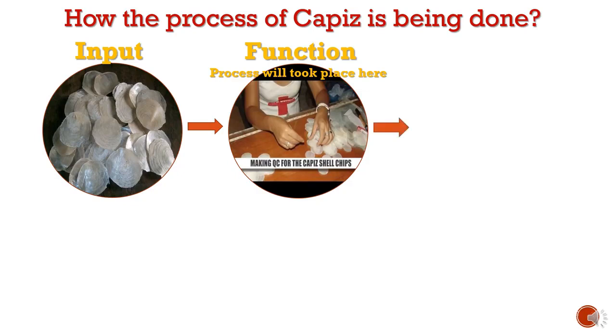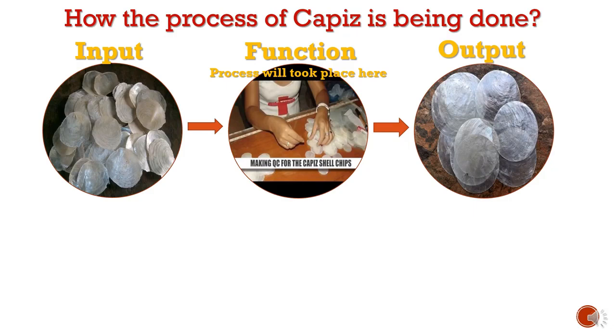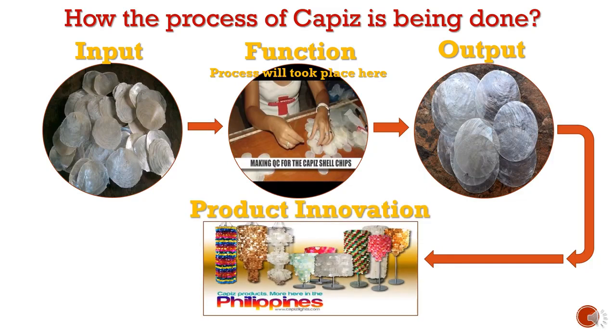On the other hand, a well-compensated worker, which is your input, depends on the quality and quantity of the finished product, which is your output, of capiz shell given the specified due date, etc. Product innovation comes in if the owner or entrepreneur thinks outside the box to make this output more usable or helpful in the lives of people.